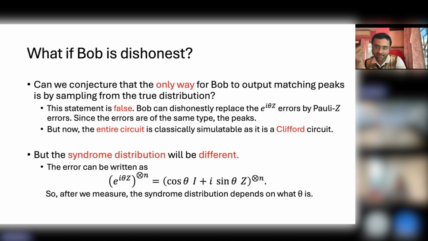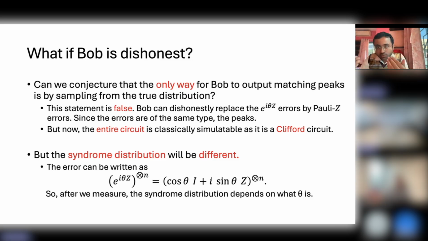So then the entire circuit once again becomes a Clifford circuit, which is simple to classically sample from. And so, of course, the distribution will be very far in total variation distance. But the point is, the verification test that we have will not catch this difference.